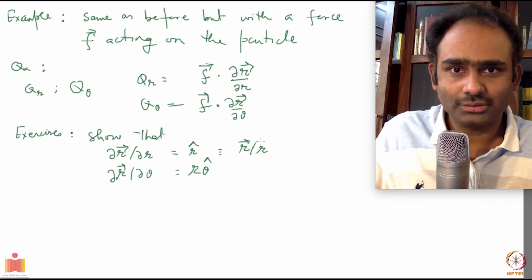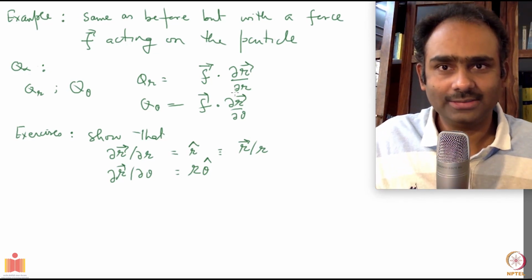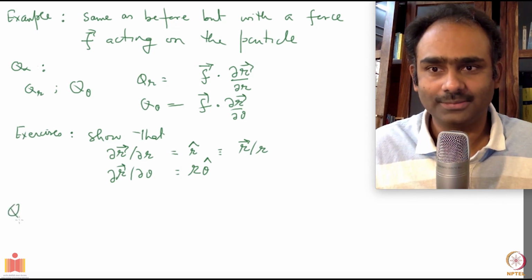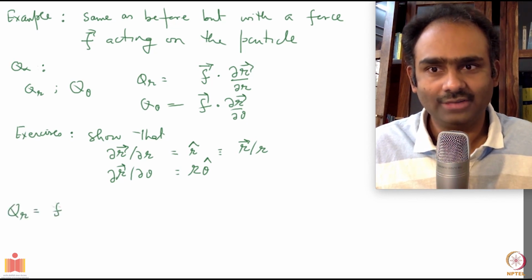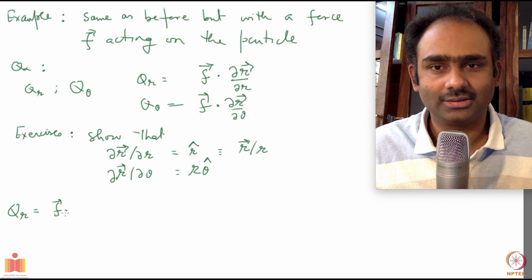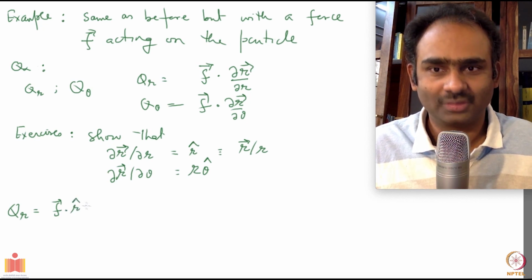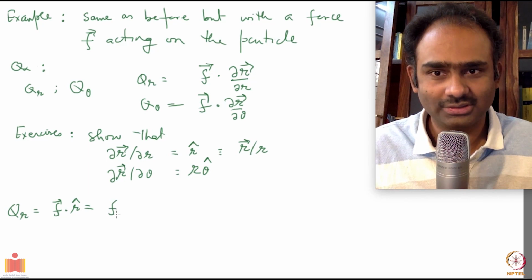If you do those two exercises and plug it in here, you get Q of R as F dot R hat, which is just the component of force in the radial direction.